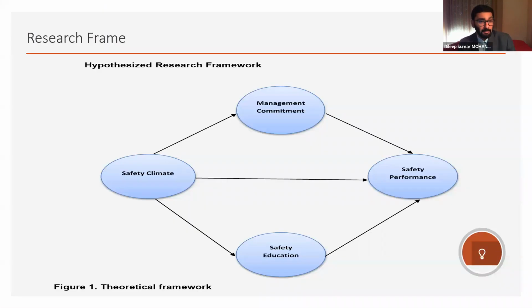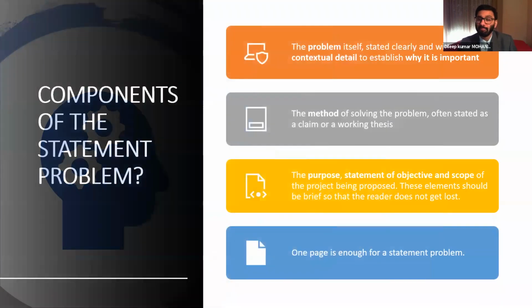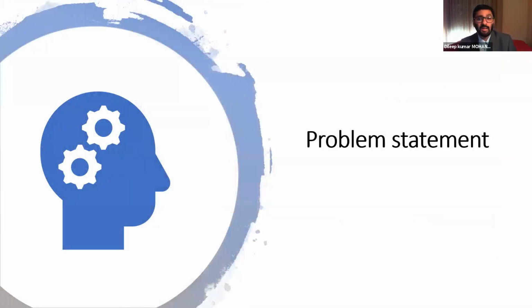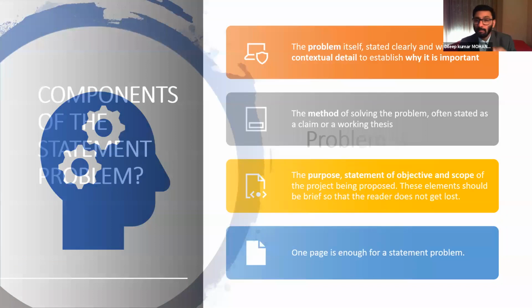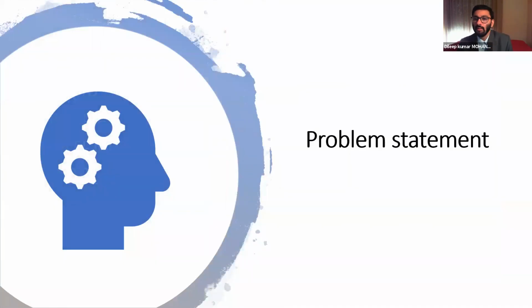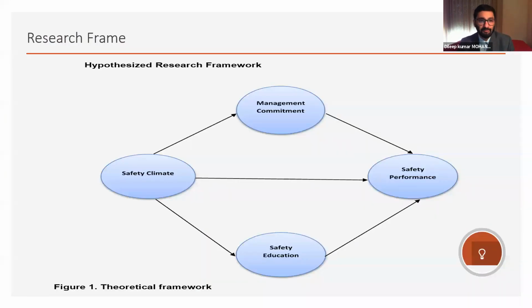So now I am coming to the problem statement. Quickly, I can explain to you what a problem statement is. Up to here, if you don't identify a proper research gap connecting to the conceptual frames, the variables should come from the gaps connecting to reality.